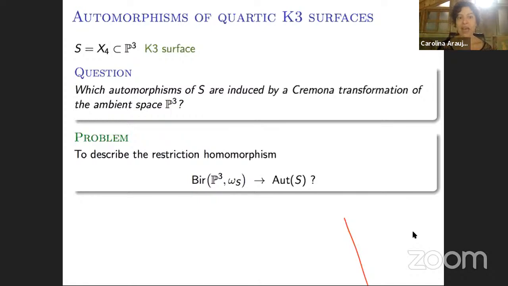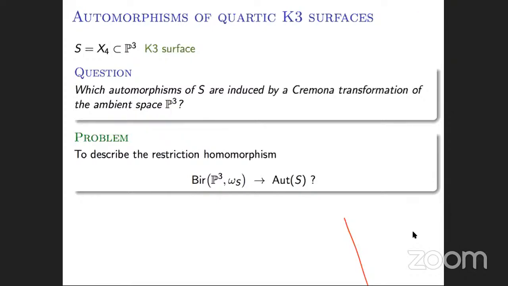But you are right. If I was considering, as I was previously, possibly singular hypersurfaces or in general other types of hypersurfaces, then I would have to always use the group of birational self-maps of S. So here I'm using something strong about a smooth K3 surface, that every birational self-map extends to an automorphism.